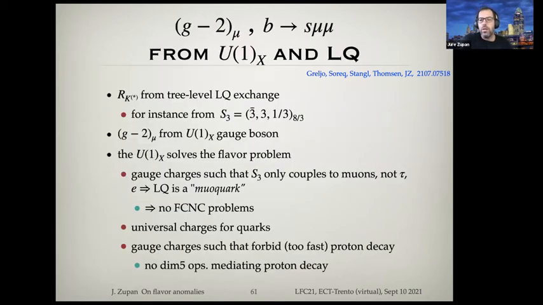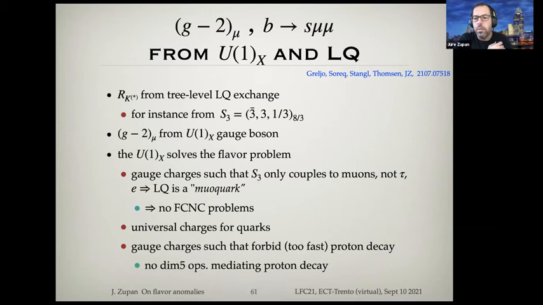Okay, so now we can do this a little bit more systematically. That's what we did recently. You see that you need to extend the new physics, so there will be two states. What we did is we assumed that there will be an explanation for R_K due to a leptoquark at tree level, while G-2 comes from a gauge boson.